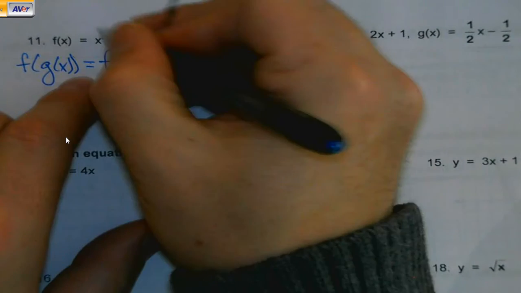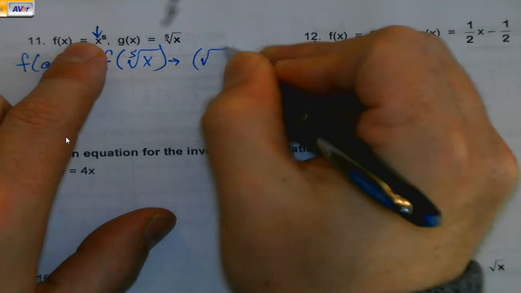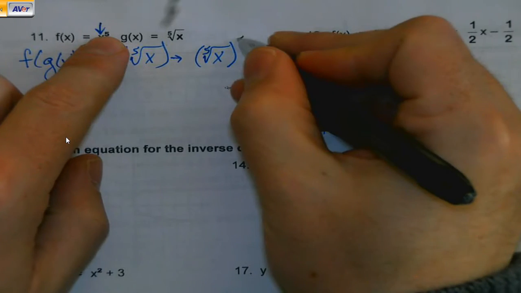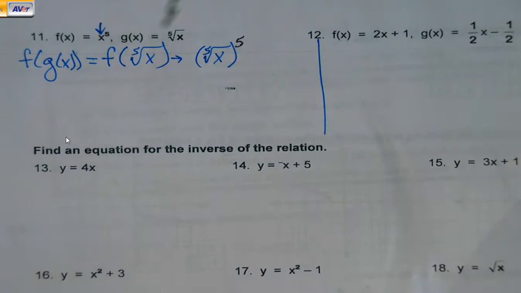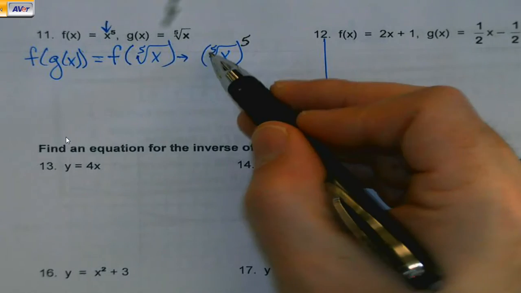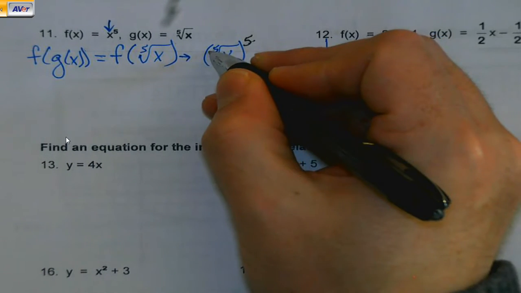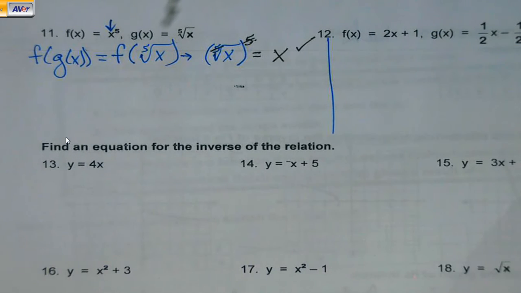Okay, here's my f function. So I'm going to replace the x with the fifth root of x, but then the exponent is still there. And what we know from before is, if we have a square root and a squared, they cancel. They're inverses. If I have a cubed root and a cube, they're opposites. They cancel. Here, I have a fifth root and a 5. They cancel, and just leave me with the x. I'm good.